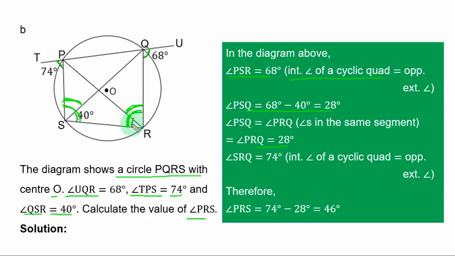This remaining part becomes 74 minus 28 degrees, and that is 46 degrees. Therefore, angle PRS is equal to 74 degrees minus 28 degrees, equal to 46 degrees.